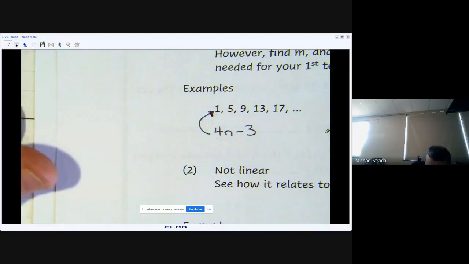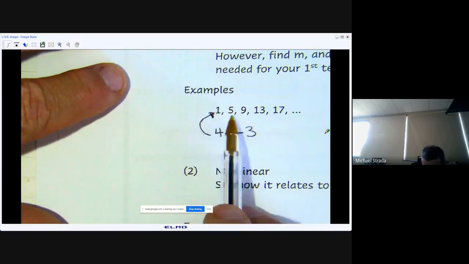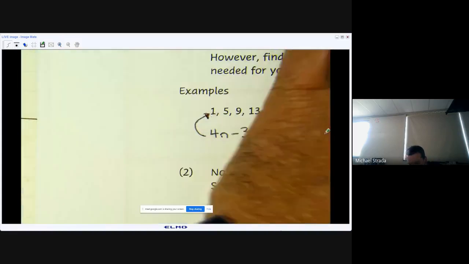And then you can check to see if it works. My second term, if this was 2, 4 times 2 is 8, 8 minus 3 is 5. Third term and so forth, and you go from there. So use that line of thinking.